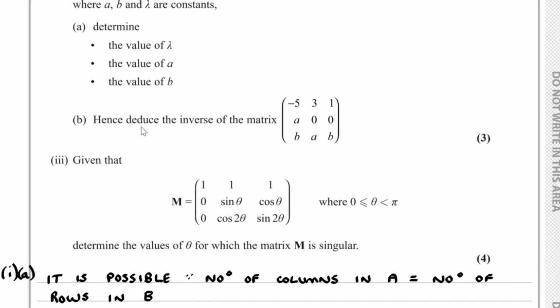And now for the next part we have to deduce the inverse matrix of this. Well, we'll replace A with 1 and B with 2.